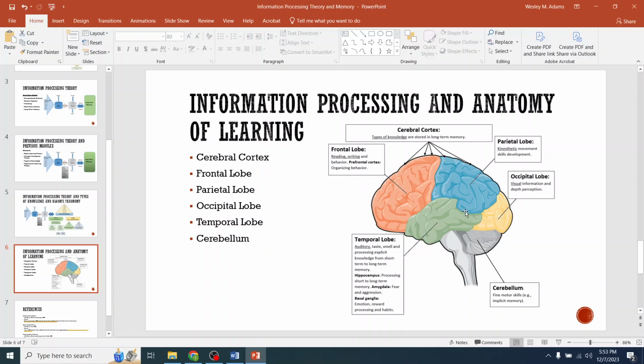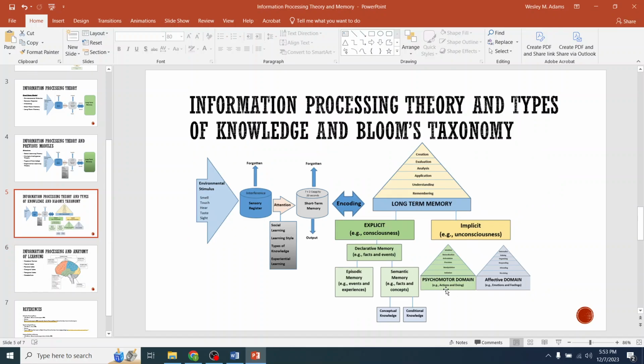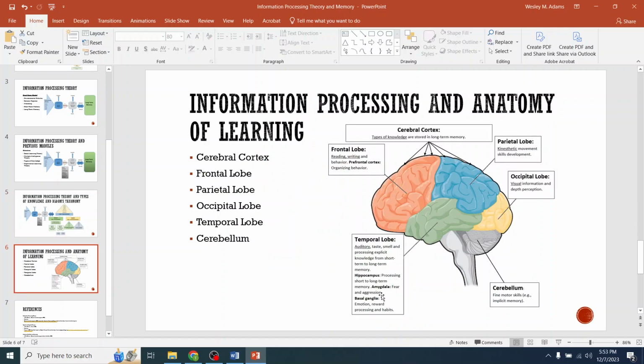Fear response, amygdala. Basal ganglia, emotion, reward. So when we get to reinforcement and the role of emotion, remember that affective domain that we talked about here? Emotion and feelings. Basal ganglia. Reinforcement, when we get to conditioning in the second half.